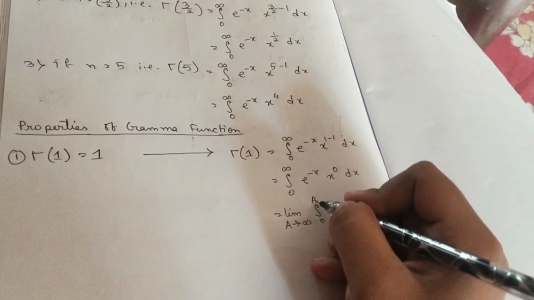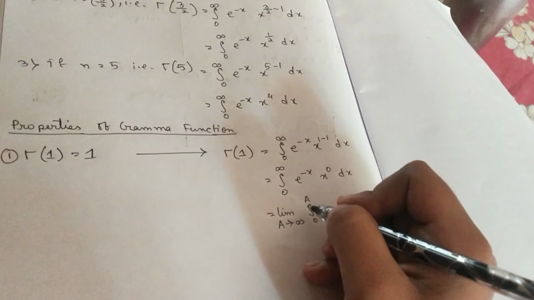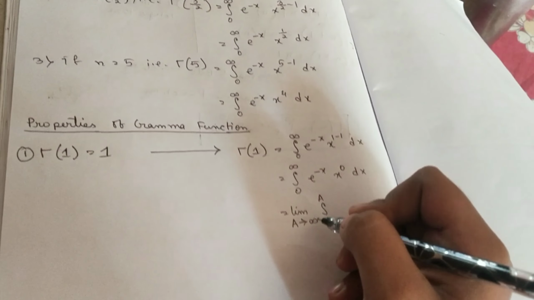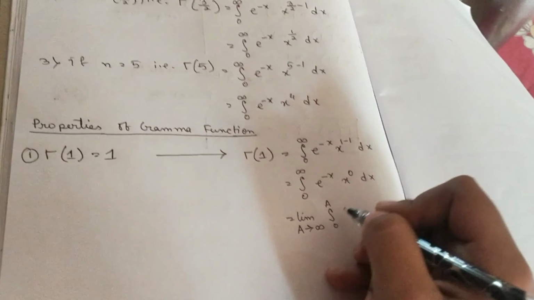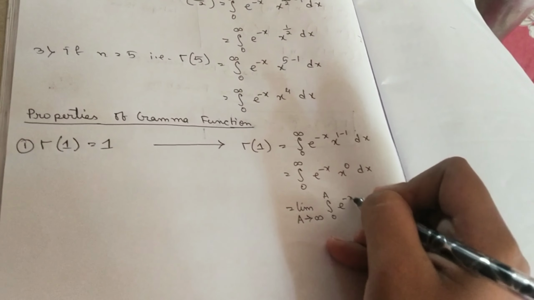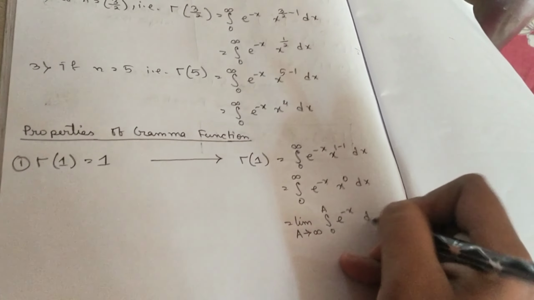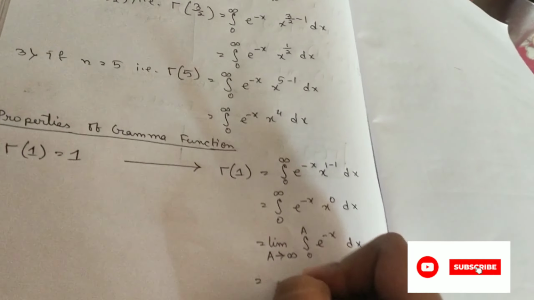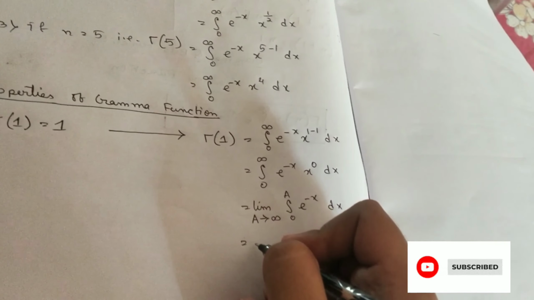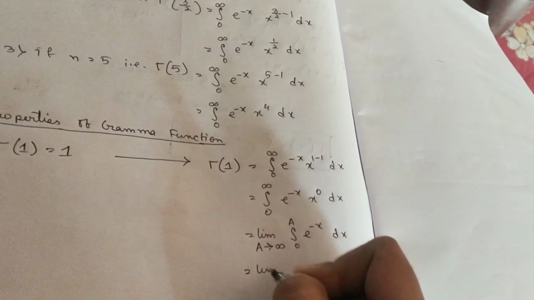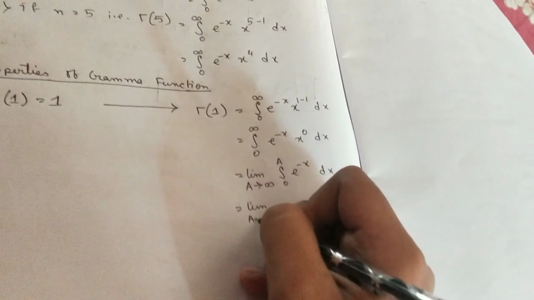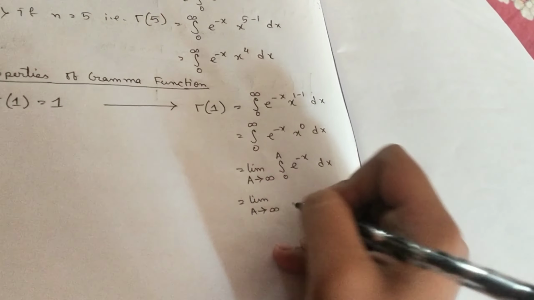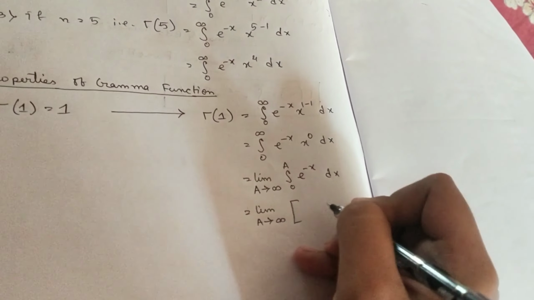Okay, we can write a here because we have taken the infinity as a using limit. So e to the power minus x dx, x naught means 1, so we can write this. Okay, fine. Then again limit a to infinity.